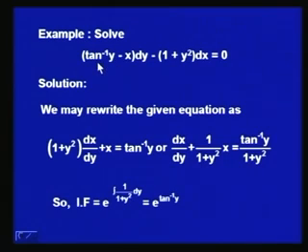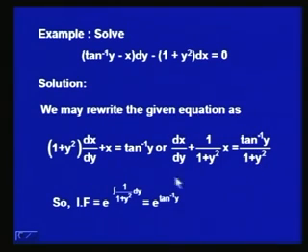Let us take one more example of a differential equation of this type, say tan inverse y minus x into dy minus 1 plus y square into dx equal to 0. Now, we can write this differential equation in the form 1 plus y square into dx over dy plus x equal to tan inverse y, or we may also write it as dx over dy plus 1 over 1 plus y square into x equal to tan inverse y over 1 plus y square.